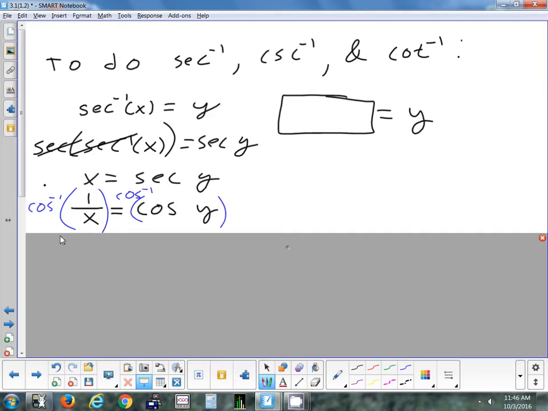And I want you to notice what just happened. Now I have y by itself. So to do inverse trig for something you don't have a button for on the calculator, take the argument and flip it. And then you have to think in your head, what do you get when you flip secant? Cosine.